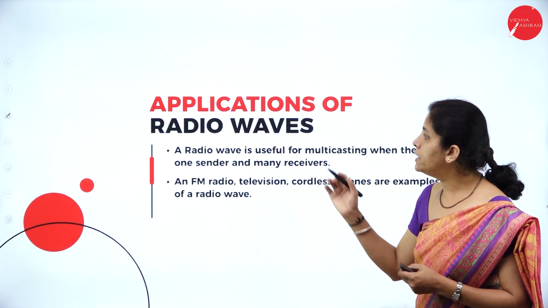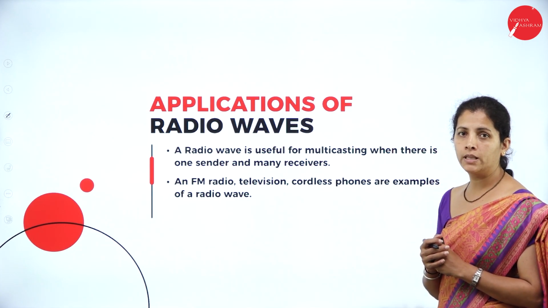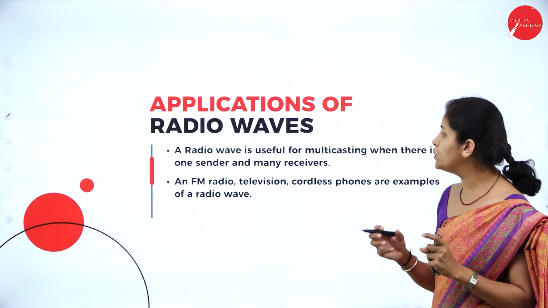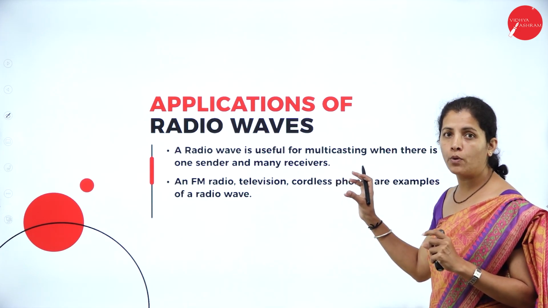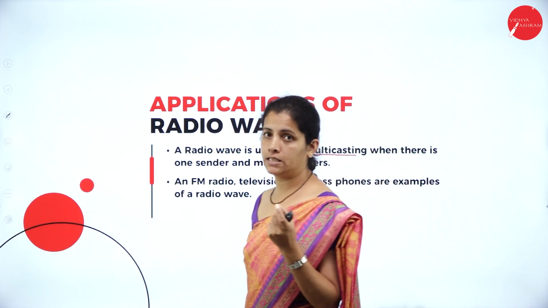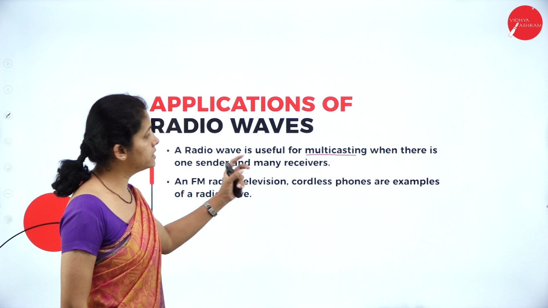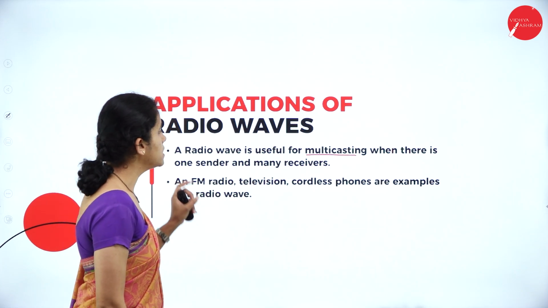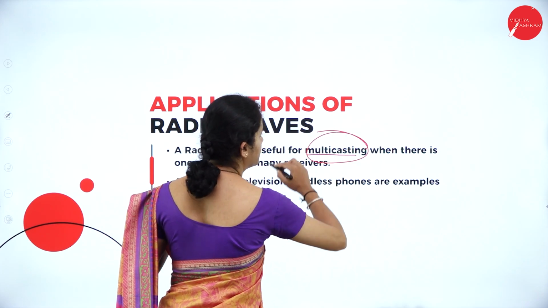Now, let me consider the applications of radio waves. In the sense what? Where am I going to use radio waves? When I want to broadcast multiple signals, so multicasting. When I want multicasting, then I am going to use radio waves. What is the meaning of multicasting?